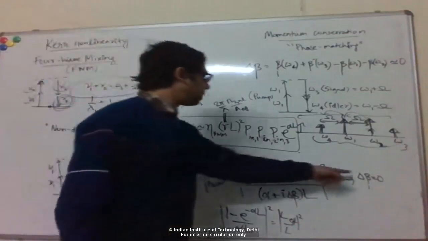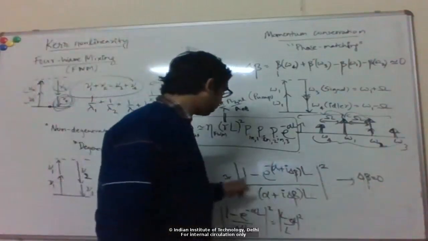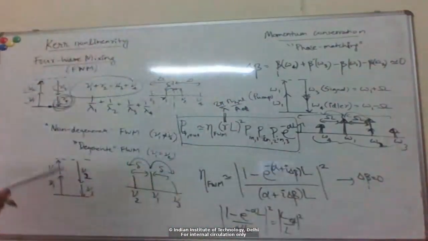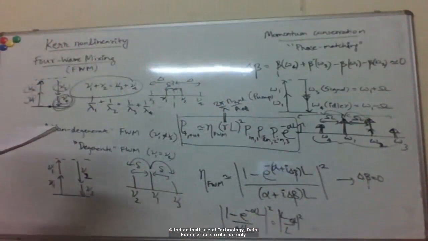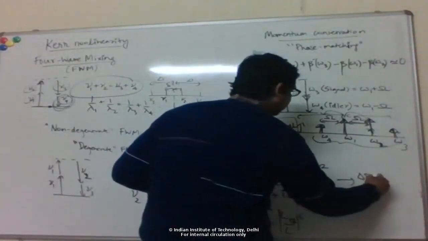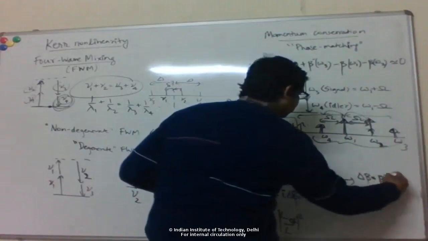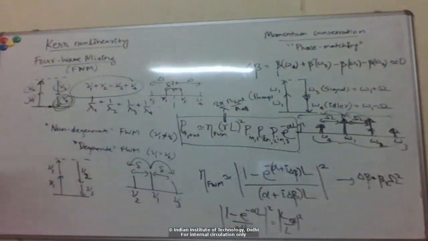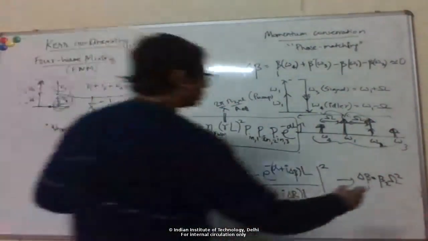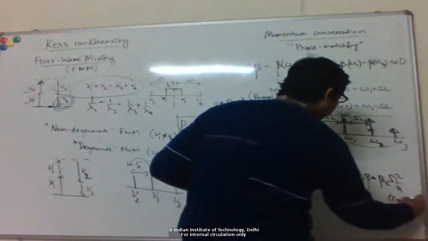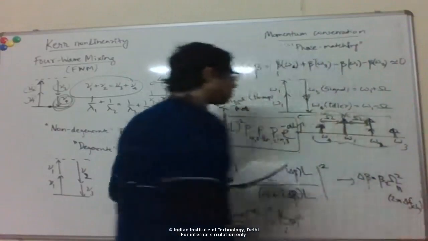Okay, but if delta beta is also non-zero in the general case, then this factor is more complicated like that. Again, delta beta we can estimate as the GVD coefficient times the channel spacing squared. This omega here is basically 2 pi delta F channel.